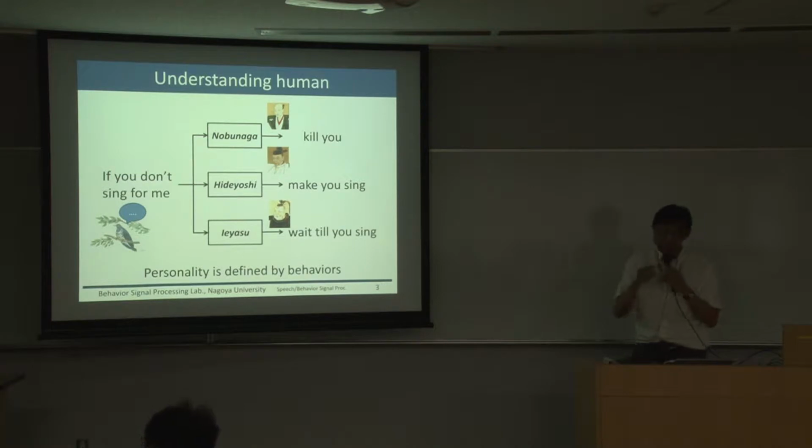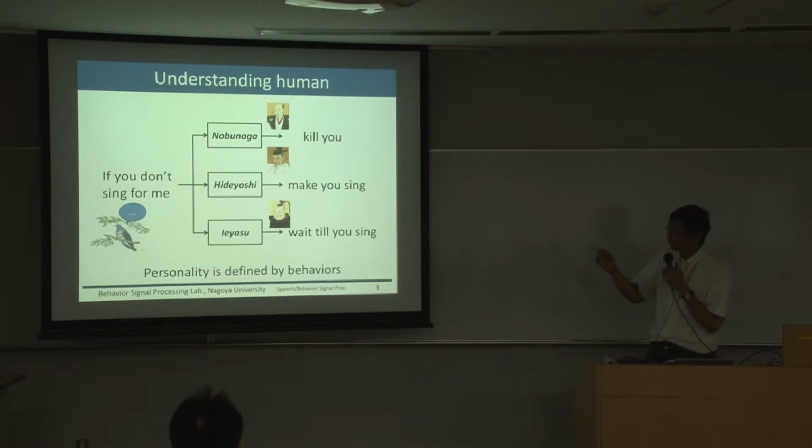I don't know how many of you have seen this slide, but I recently use this slide very often. We have a very famous saying. By the way, I guess you all know about Nobunaga, Hideyoshi, and Ieyasu. If you have no idea about them, I'm sorry, but it's okay. Those three heroes of historic stories are characterized by a very short poem, a Senryu: 泣かぬなら泣かしてみせよう, 泣かすなら殺してしまえ, I will kill you.